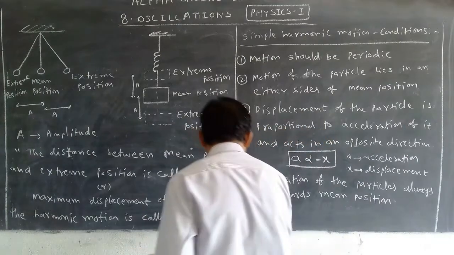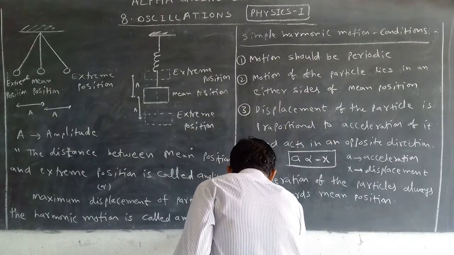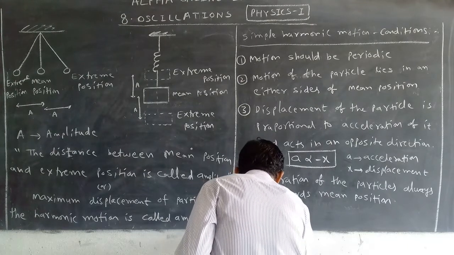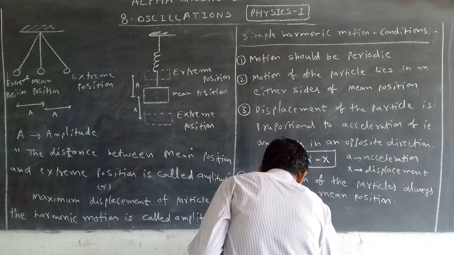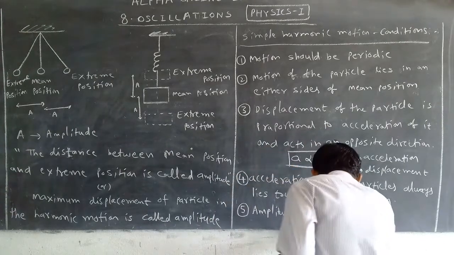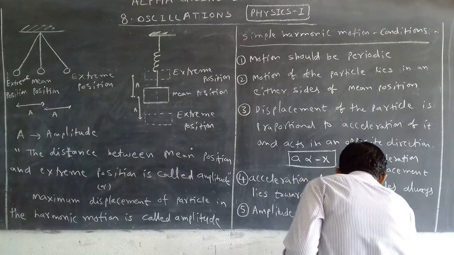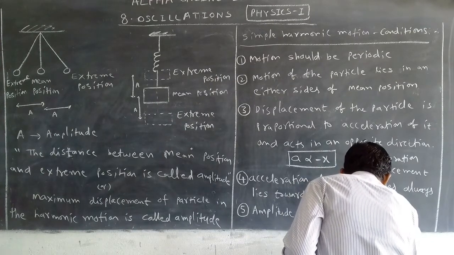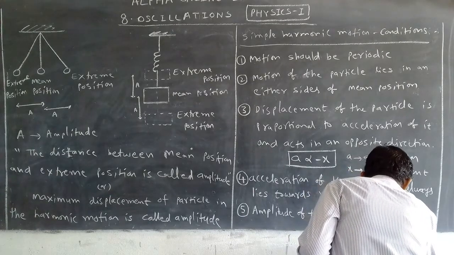Right, this is the fourth one. Fifth one, amplitude of the particle remains constant.